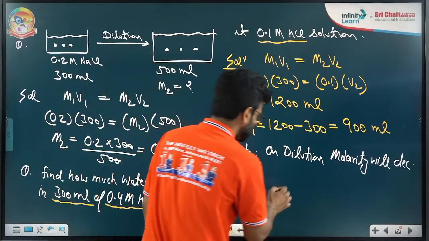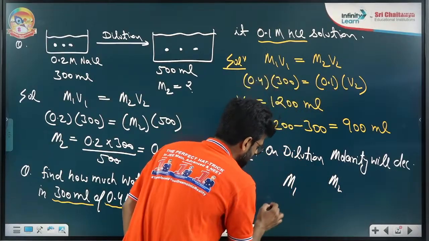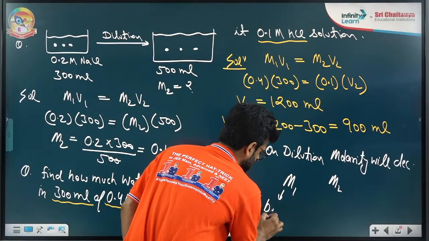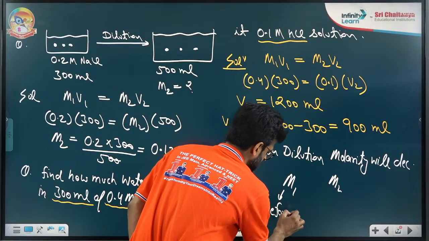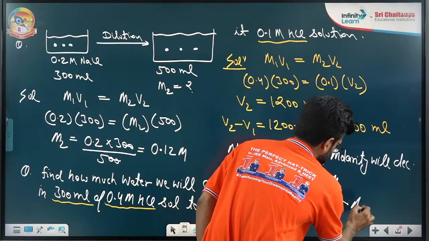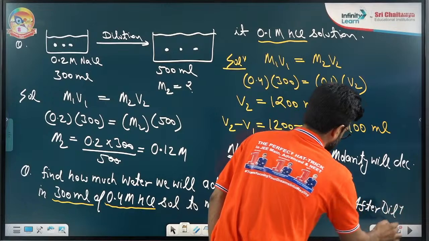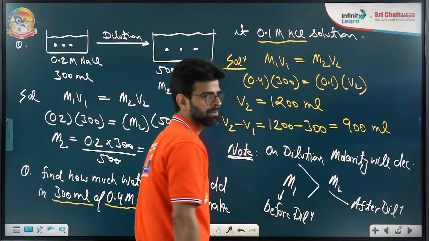If I talk about M1 and M2, M1 I am saying before dilution, and M2 I am saying after dilution. So it is very much clear that M1 will always be more than M2.